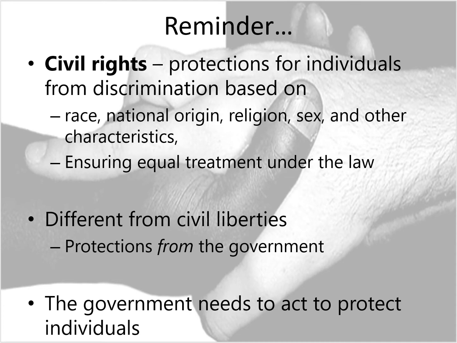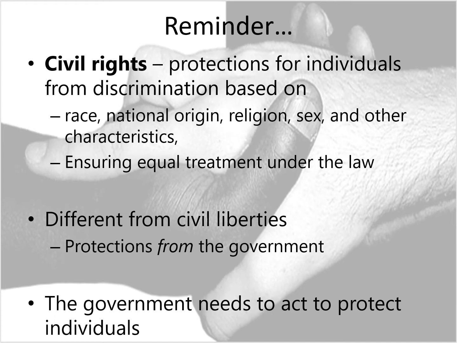Probably a good idea to know the definition of civil rights to start out. So please do keep in mind that our civil rights are protections that exist for individuals from discrimination based on things like race, national origin, where you might be from, religion, your sex, any other characteristics that could bring about some discrimination upon you.